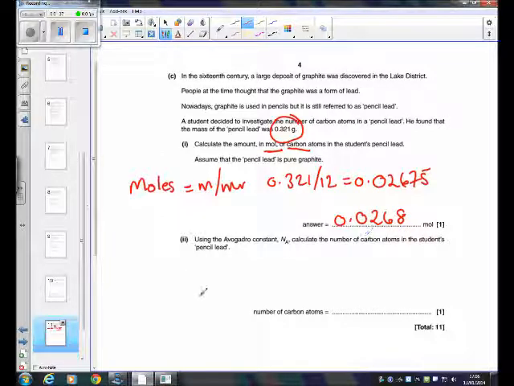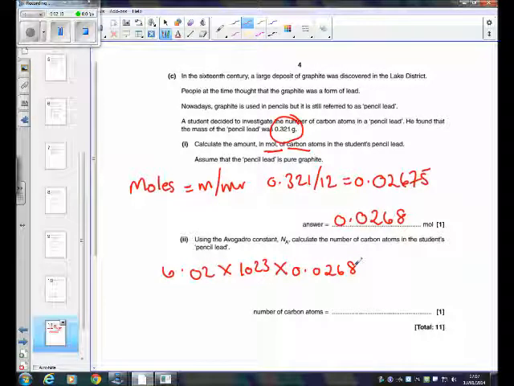So for the next part, using Avogadro's constant, Na, calculate the number of carbon atoms in the student's pencil lead. So Avogadro's number is 6.02 times 10 to 23. And from my previous question, we've got the number of moles. So all we need to do is times Avogadro's number by the number of moles, and that will give us the number of carbon atoms.